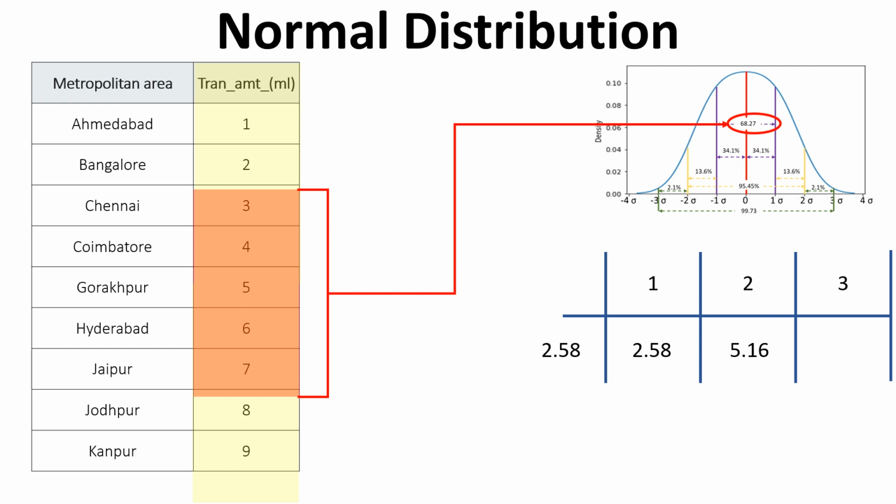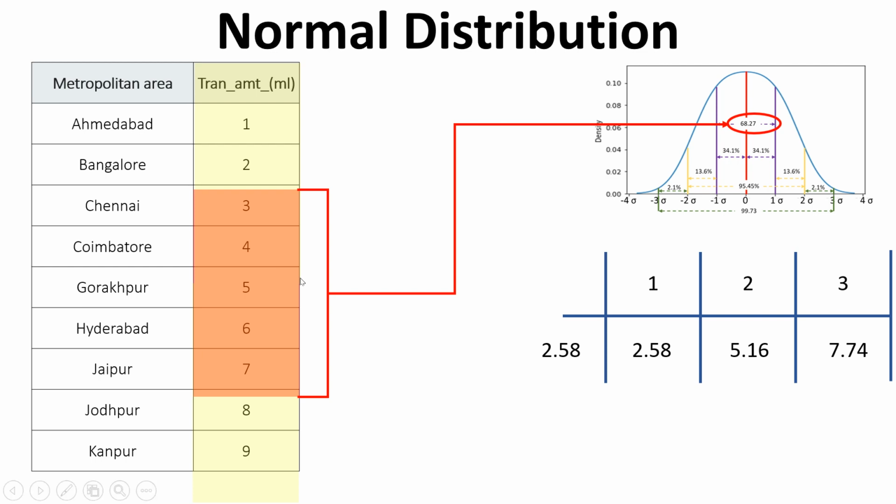Now if you go to the third standard deviation, the value which you get is 7.74, and we don't have the data for that range, because if you add 7.74 to the mean, which is 5, it will come to somewhere around 12.74, or the same in the negative direction, but we don't have data falling into that range. So this is how, using this segmentation, you can segment your data.